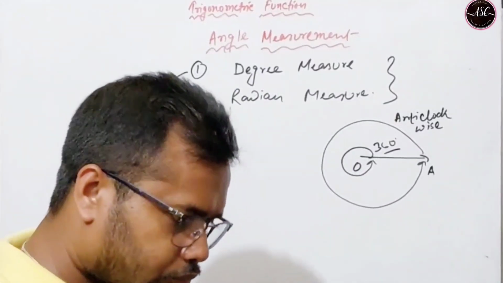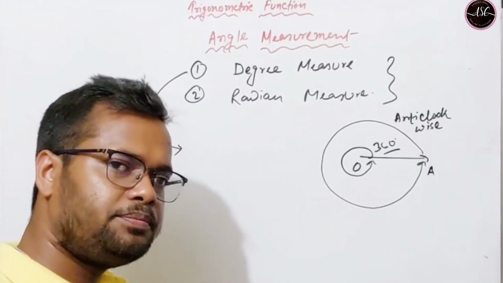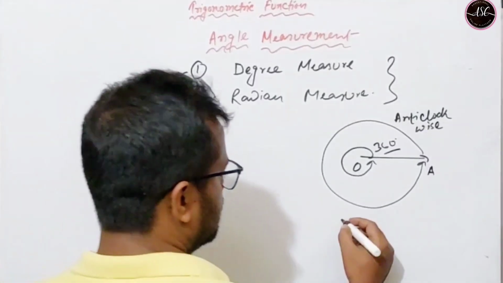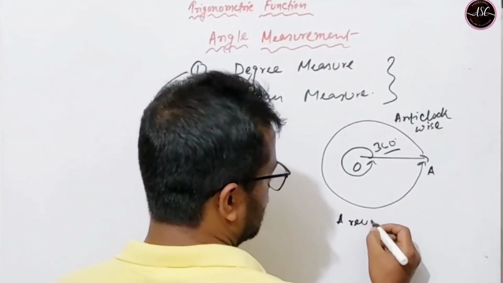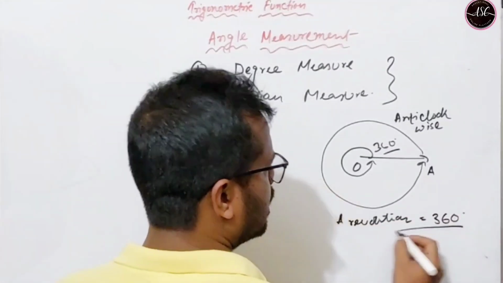So a total revolution is equal to 360 degrees. A revolution equals 360 degrees. Clear?